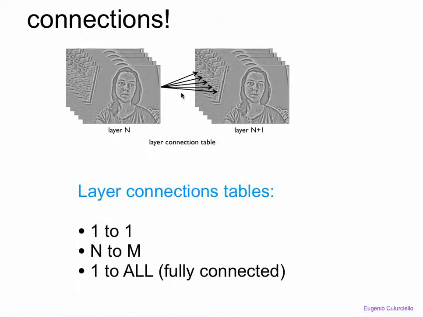For example, you have n filters here and you have n maps on the next layer, so you can connect them one to one. You could also connect n to m. For example, you could take a small subset of these maps, add them all together, and then filter them by a combination of this. You could also do each one of these filters should participate in the output of all the second layer filter. So it's a one-to-all or fully connected network.